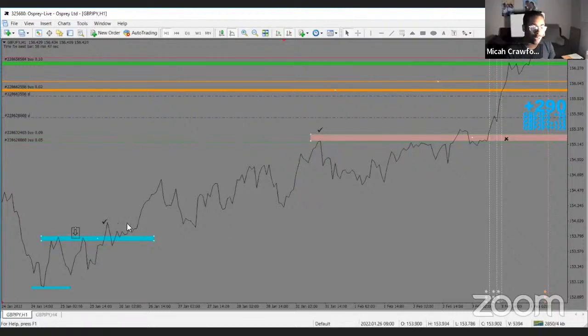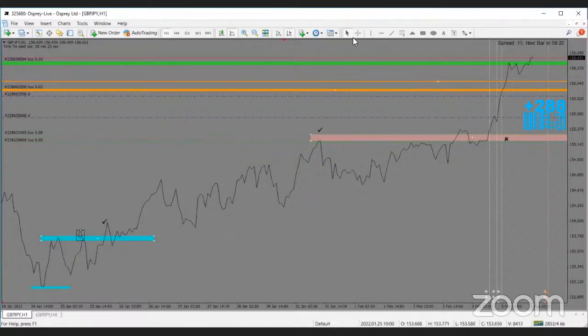So in order for me to take a buy, I have to see a high like these. I have to see the market break, close, and the market has to create a new higher high. Once that happens, I wait for the market to pull back and retest this same area. Can you see that? Yeah. Say it again, Micah. Say it again, please.